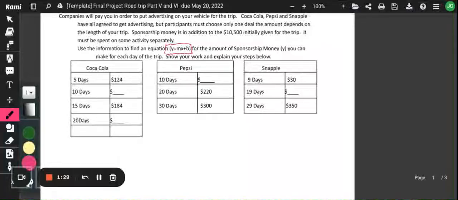Now, as we take a look at this, remember in y equals mx plus b, that m is the slope, and slope equals the change in y over the change in x. And the other thing to remember with these charts is the right side is the x values, and on the left side is the y values.